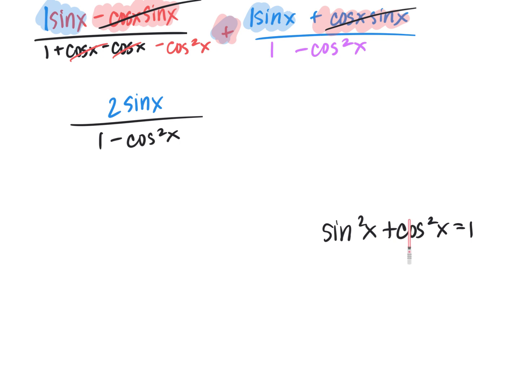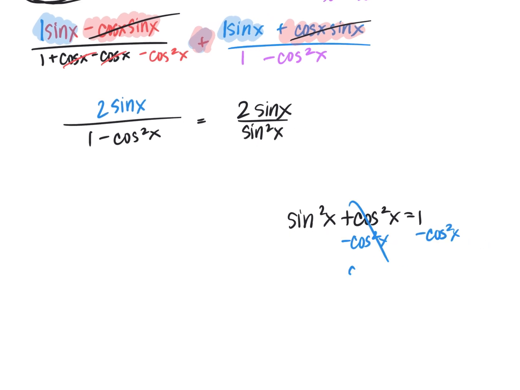Let me say that one more time. I can subtract my cosine squared of x. These cancel over here, so I'm left with sine squared equals 1 minus cosine squared. I just moved this little friend over.